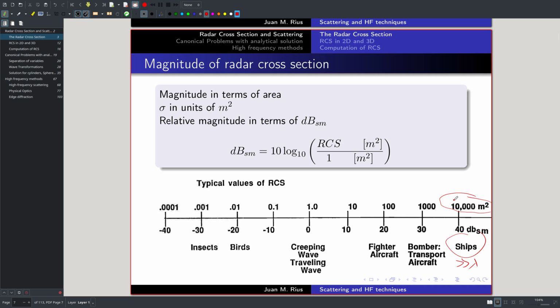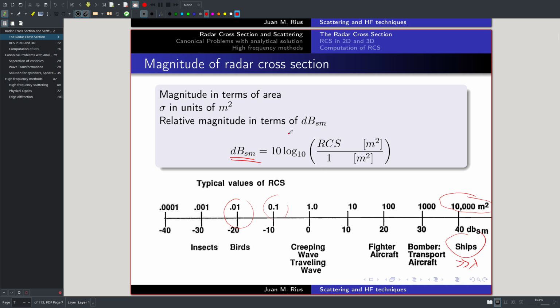But on the other hand, small scatterers have RCS less than 1 square meter. So the range is so large that we very often express it in dB, in logarithmic scale.